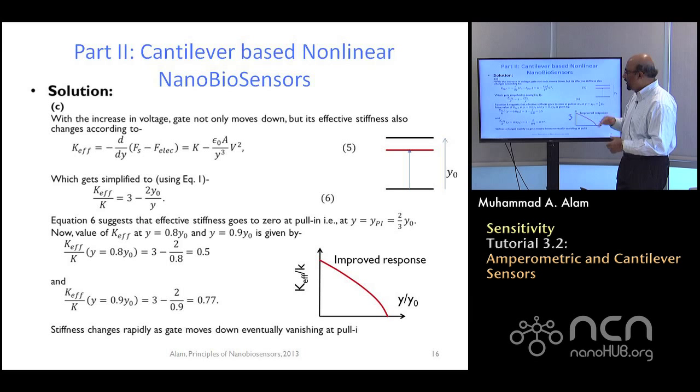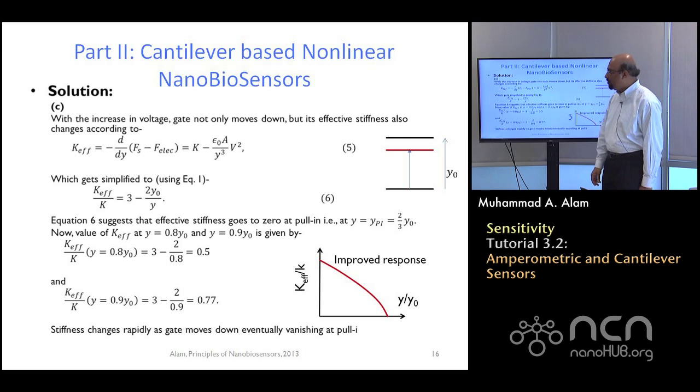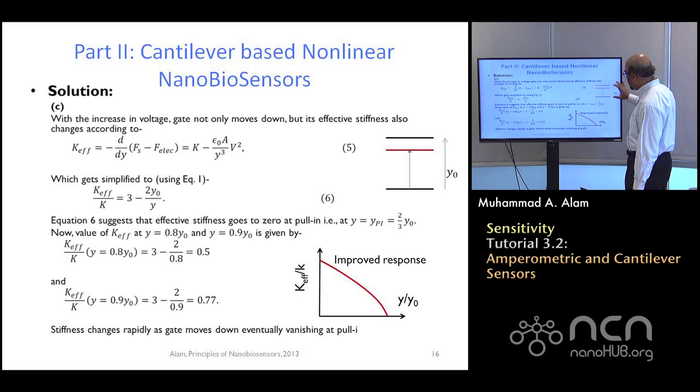Now, as you are pulling things down, the y is less than y naught. And so therefore, the whole thing is gradually becoming larger and larger until it becomes equal to 3. So for example, let's say this original gap is y naught without applying a voltage. And the new gap is y. Now 2/3 y is still here, but let's say a certain value is y.